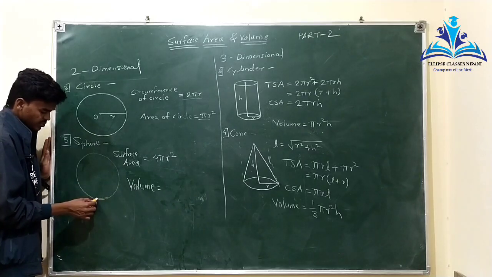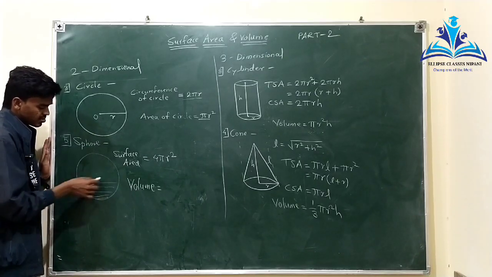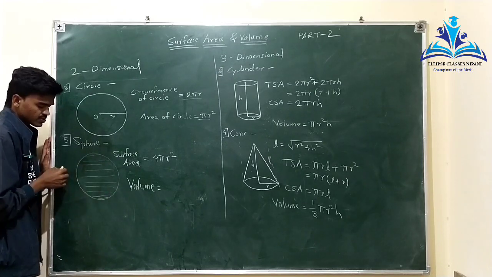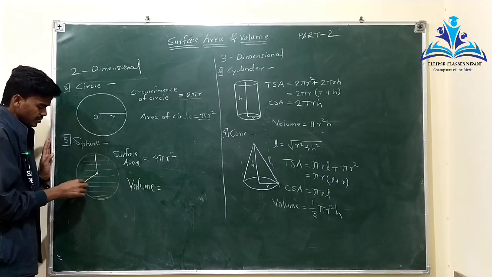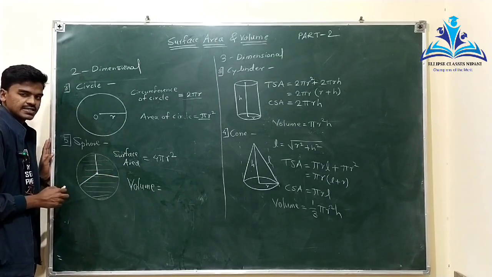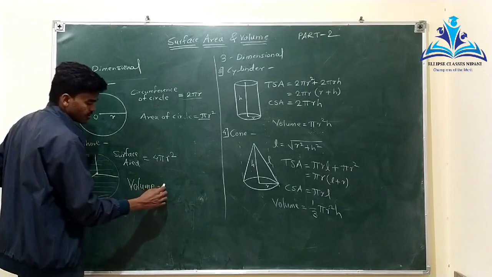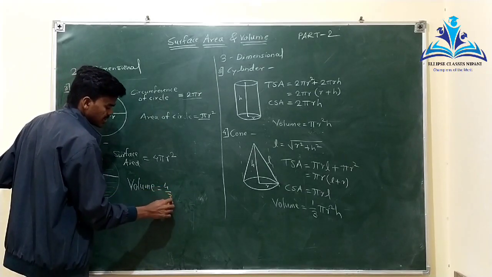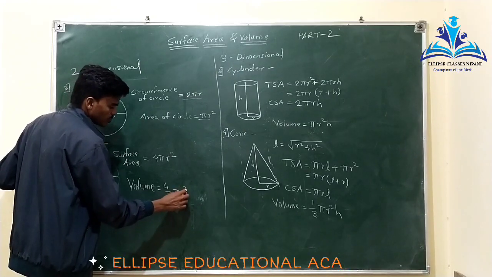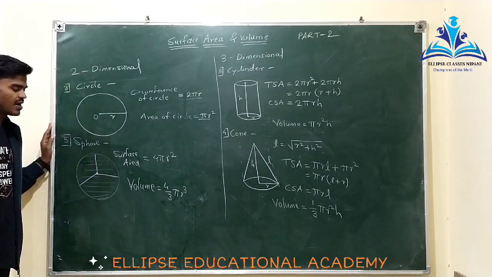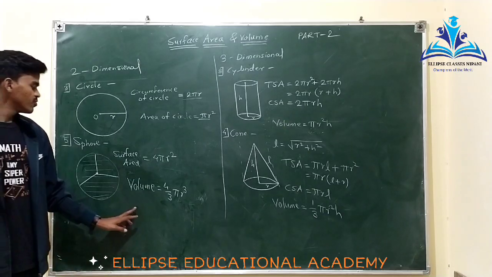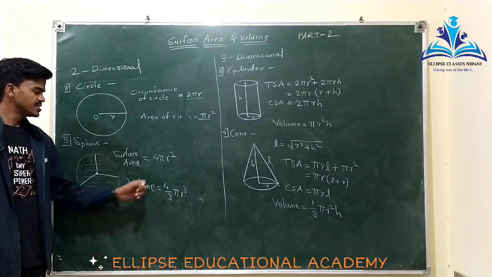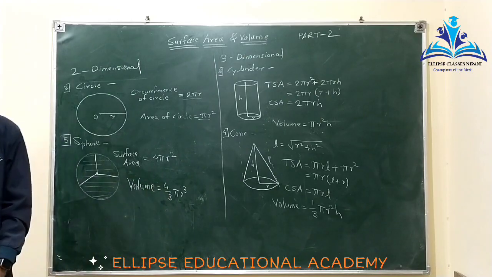The volume is small, increasing, and again small, and there are three axes in this diagram, so we can take 4 upon 3 pi r cube. This is the volume of this sphere. What is it? 4 upon 3 pi r cube.